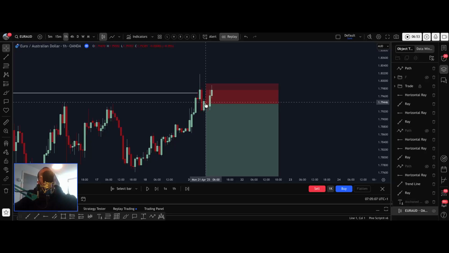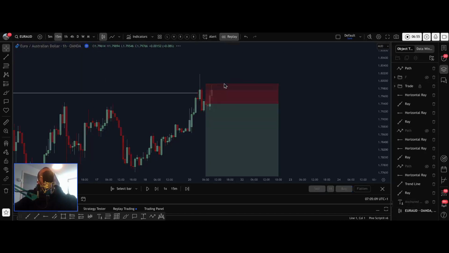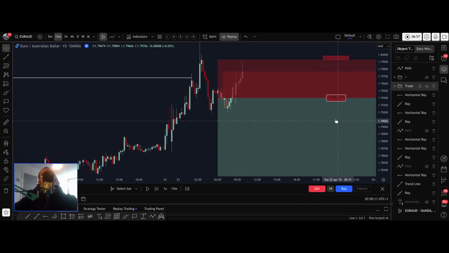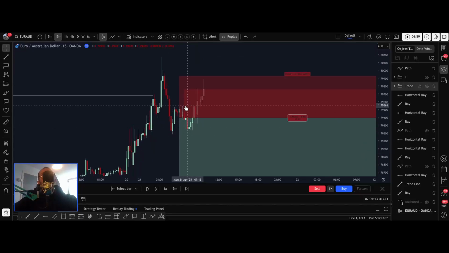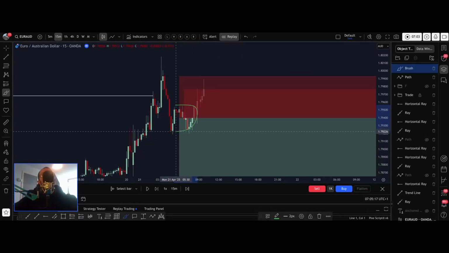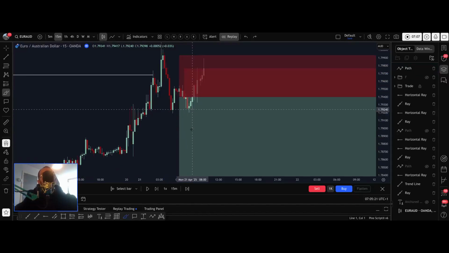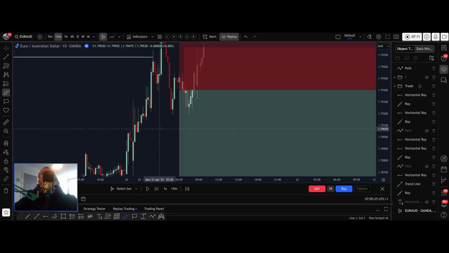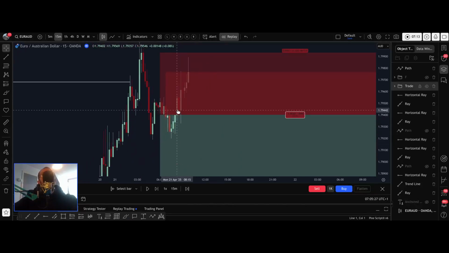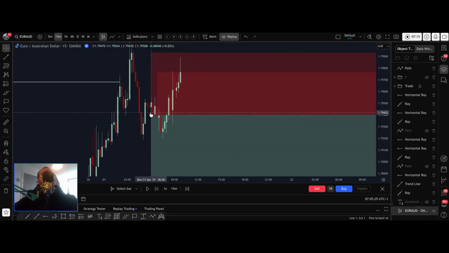Tagged in here, and if we just look at this on the 15, the higher time frames hold more weight, but we had a correction here, potential impulse correction continuation. If you were going to take this, it would have been a 15-minute entry here, but you didn't really get the entry candle. That's not really the entry candle that I would look for.